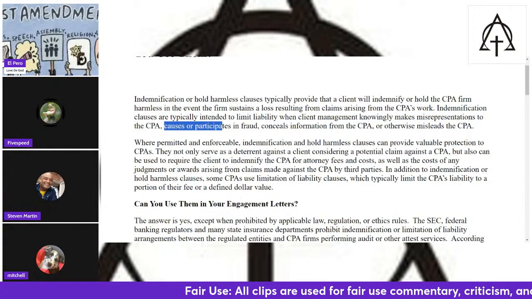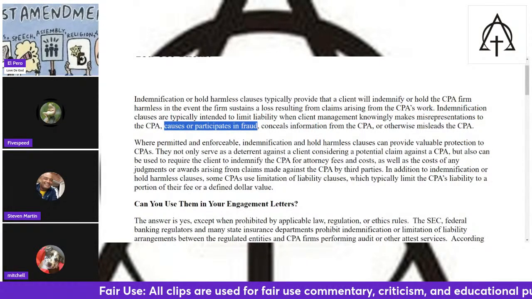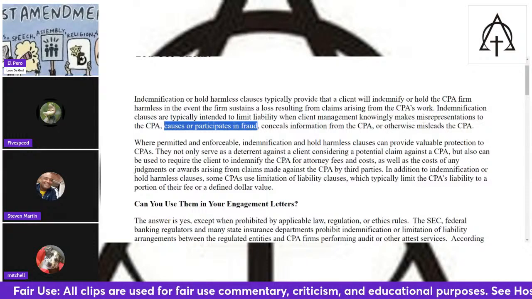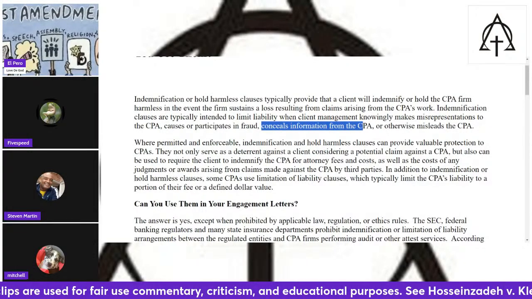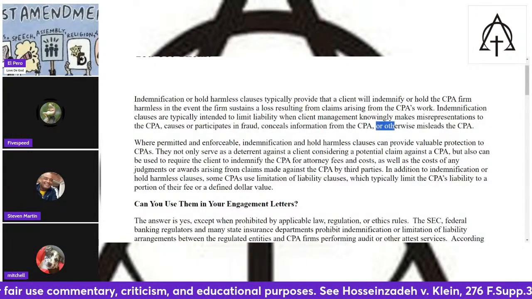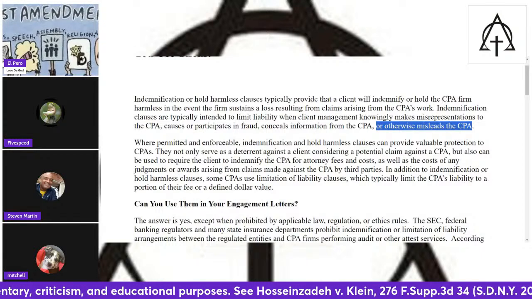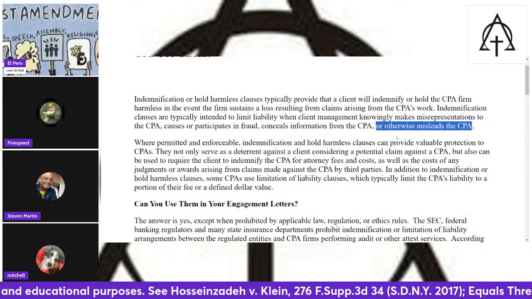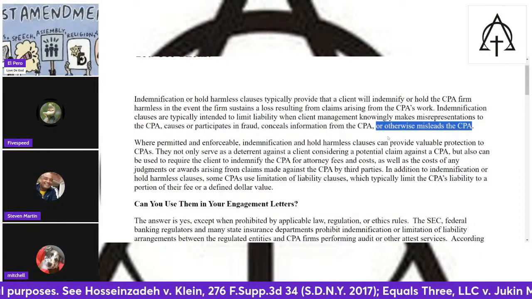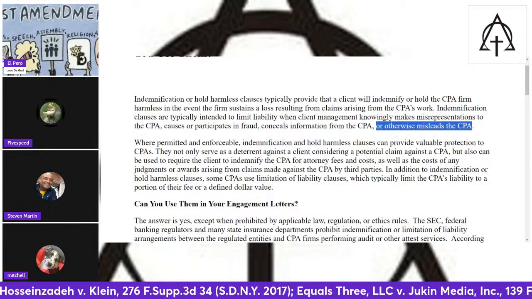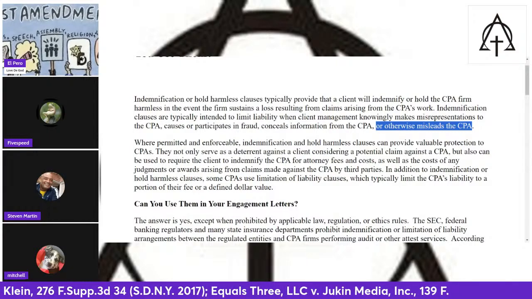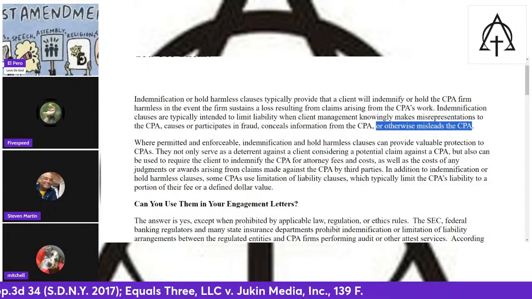Causes or participates in fraud. Conceals information from the CPA or otherwise misleads the CPA. And through continuous and repeated exposure to the same things over and over, public education, we were indoctrinated to place liabilities on the public record.